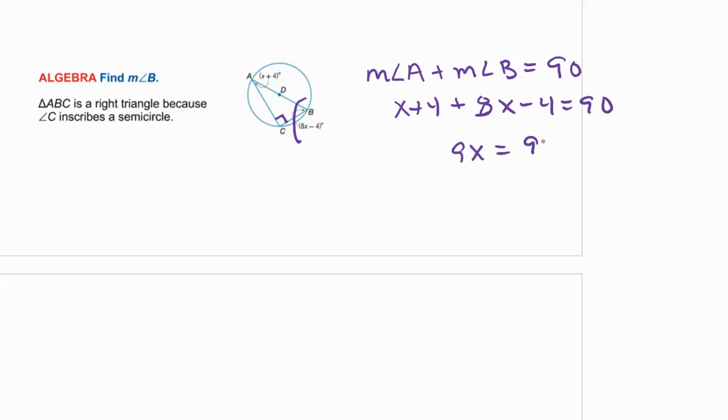I'm going to solve for x. Once I have x, I have to make sure I'm plugging back into the angle I want because B is not always congruent to A. So the measure of angle B equals 8x minus 4, so 8 times 10 minus 4, which would give me 76 degrees.